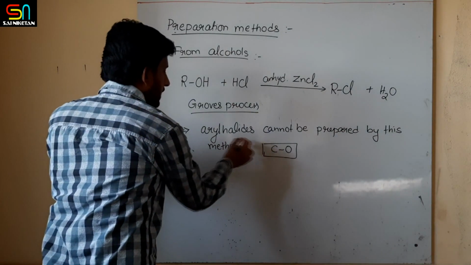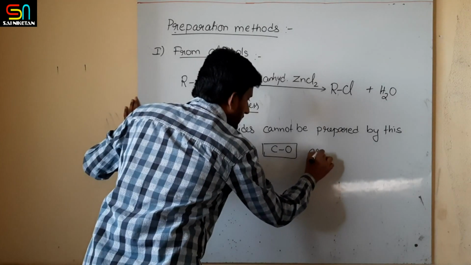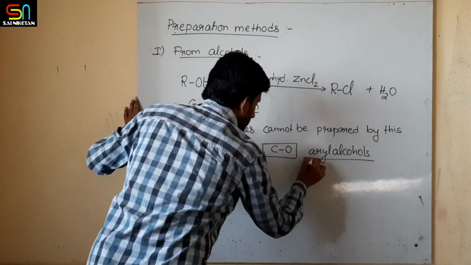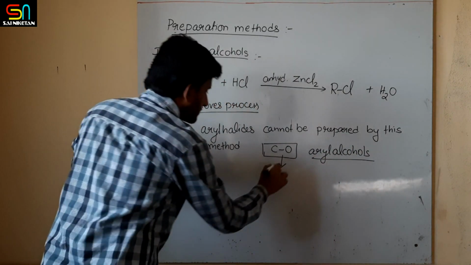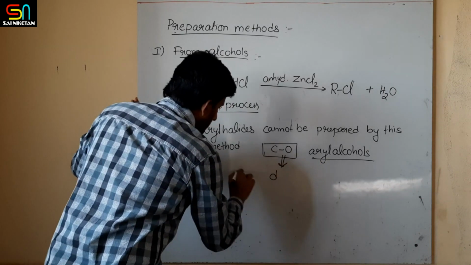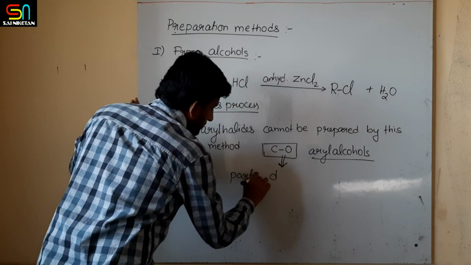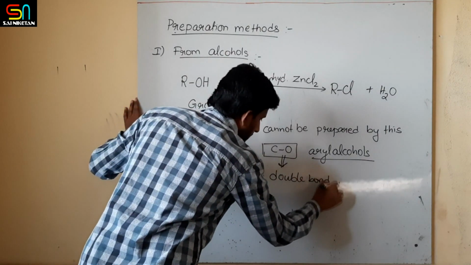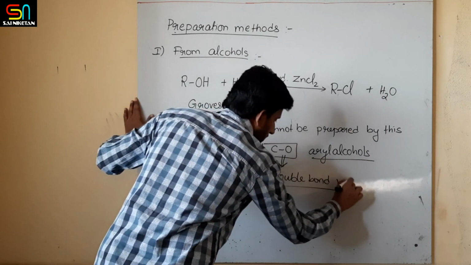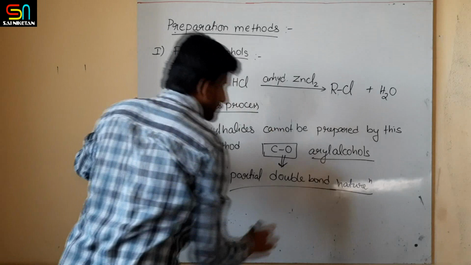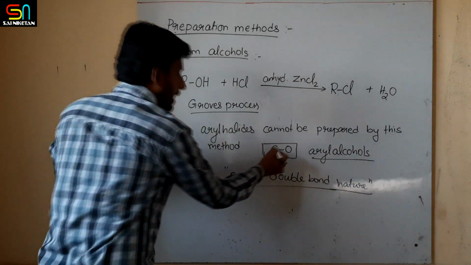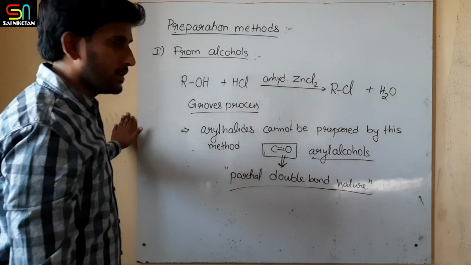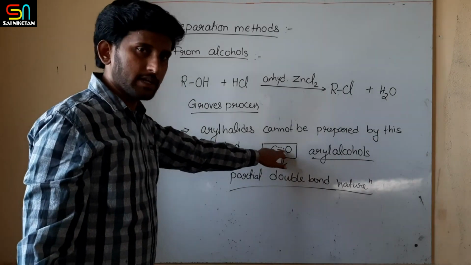But in case of aryl alcohols, the C-O bond acquires partial double bond character, so it is hard to break the partial double bond between the carbon and oxygen.